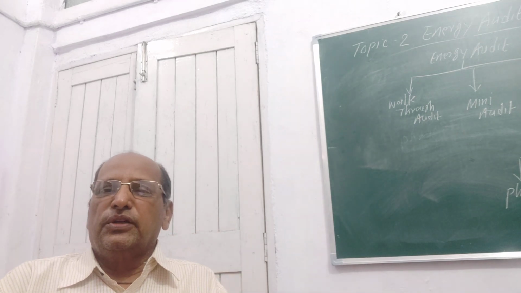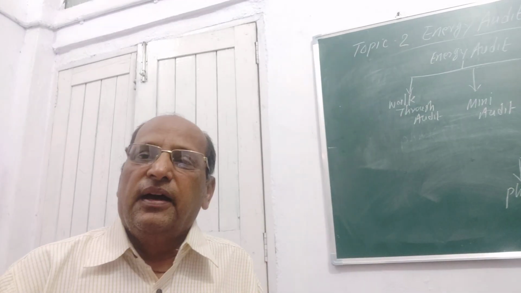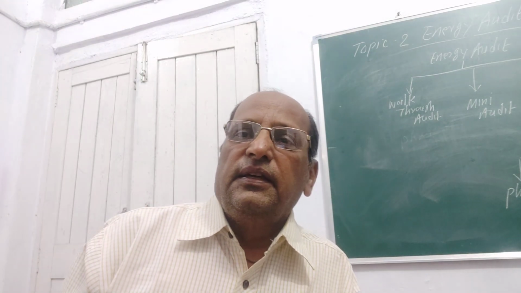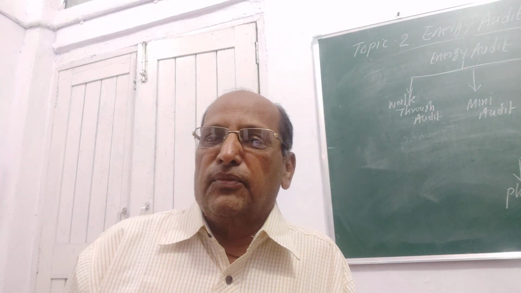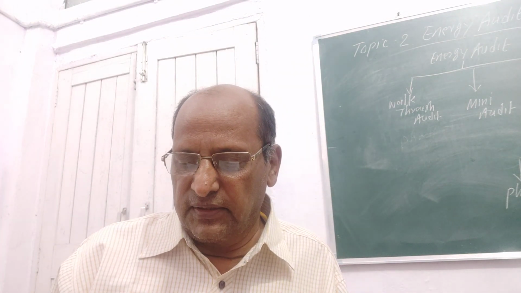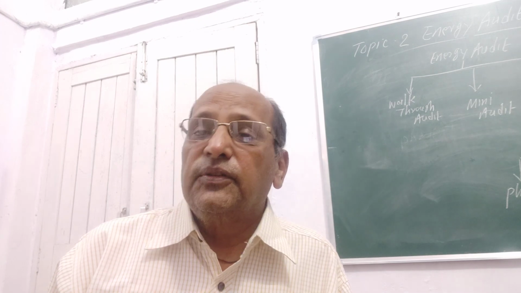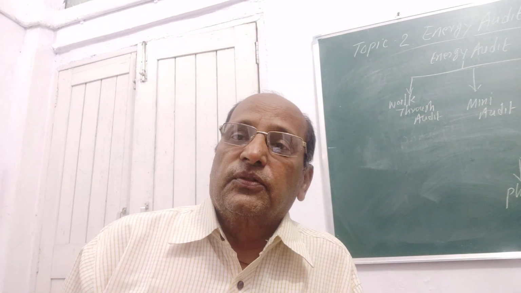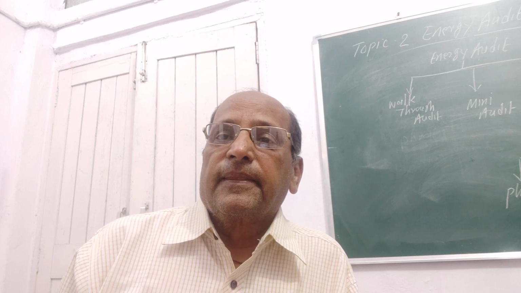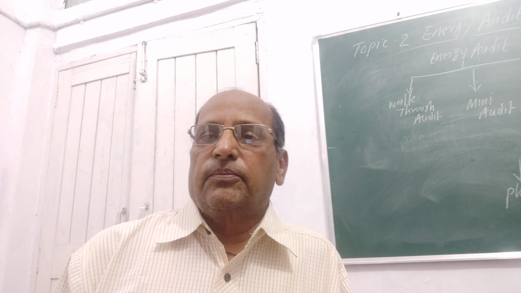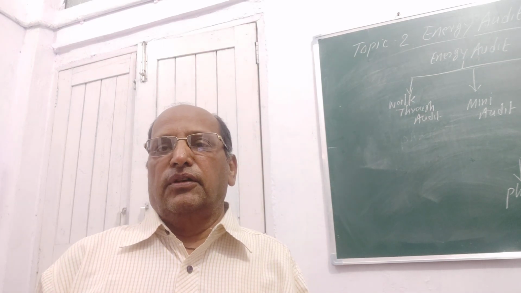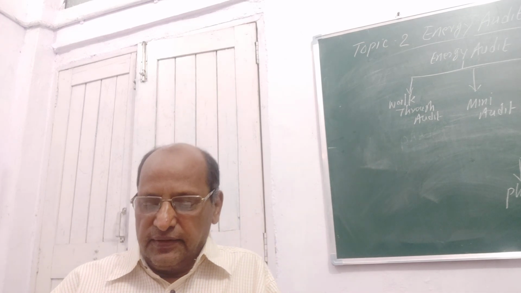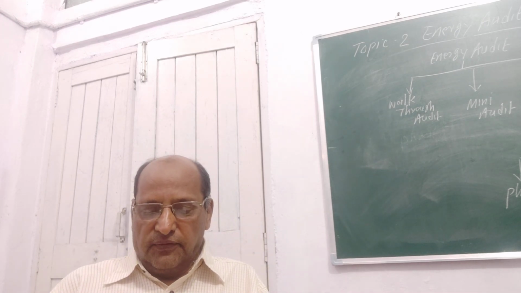So you go to individual sections and collect the energy flow diagram from the person in charge of that system, and the utility diagram also. These are available with the persons or the head of that particular department. According to that you will get the information in the audit phase.